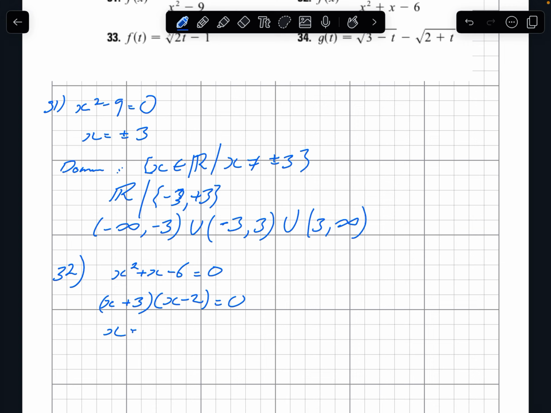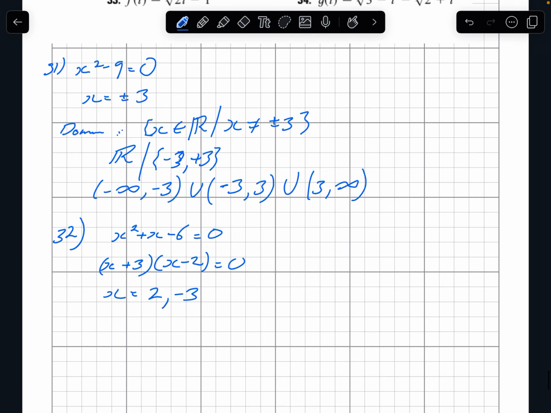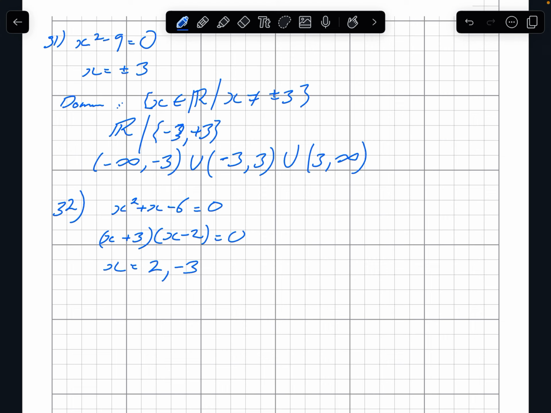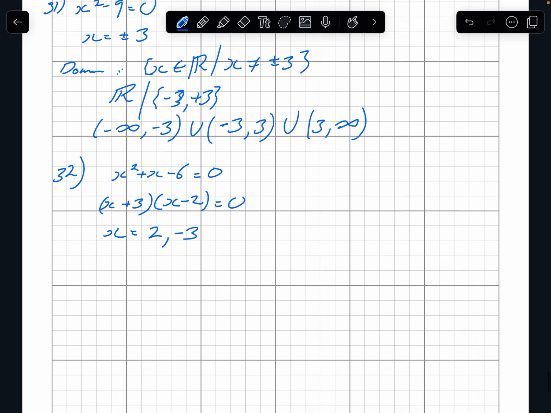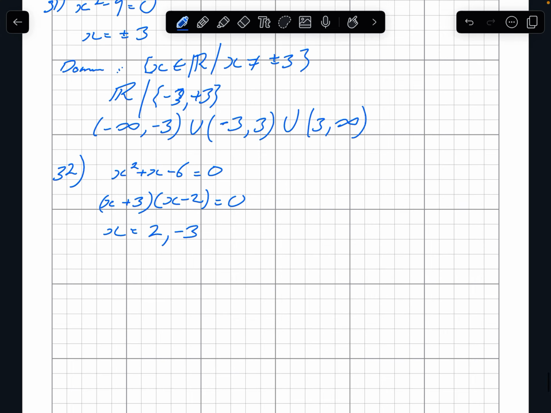So x equals 2 or negative 3. Those are the points where we don't have a valid denominator, or don't have a valid function. So our domain is the rest of the reals.